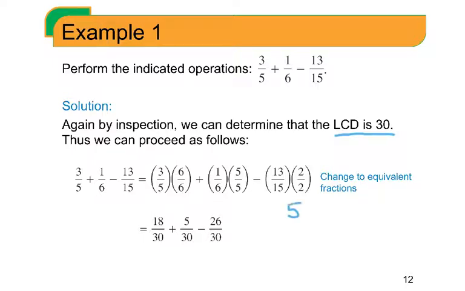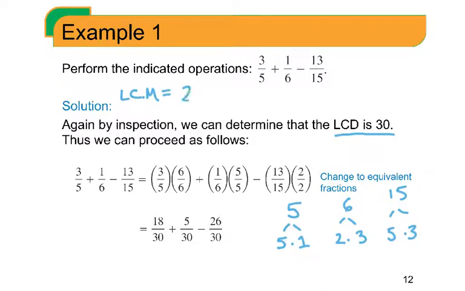Well, the prime factorization of 5 is just 5 times 1, all right? 6 is 2 times 3, and 15 is 5 times 3. So my least common multiple needs to use every prime.